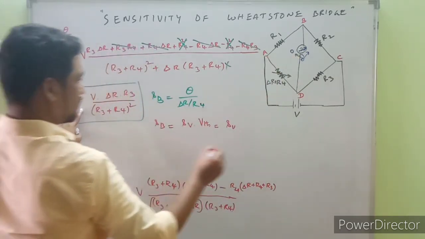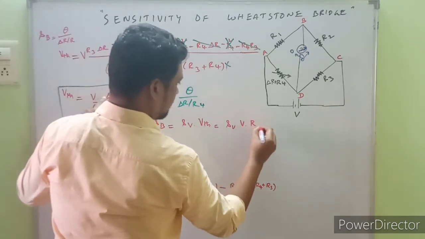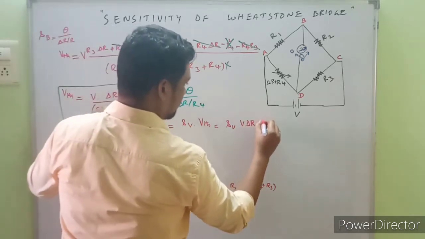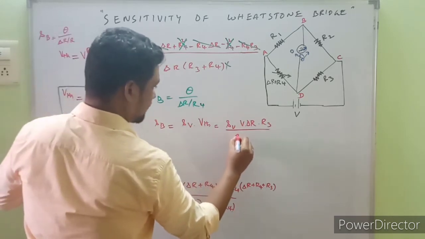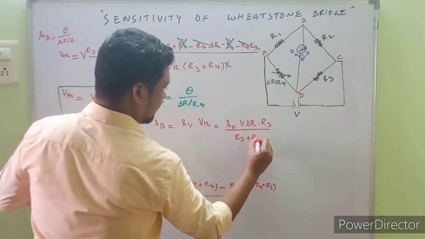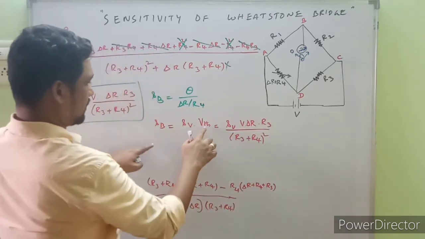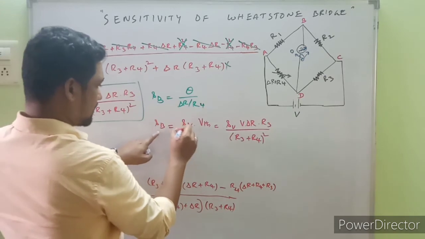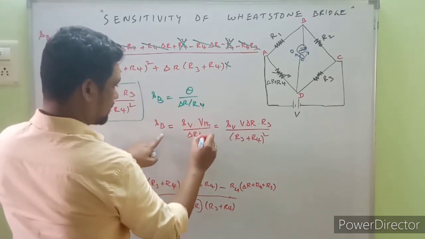We have this one into V into del R into R3 by R3 plus R4 whole square. This is for VTH, and SB is theta upon del R by R4, right?